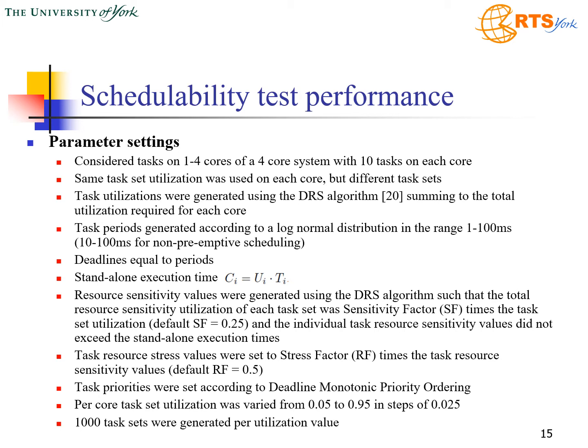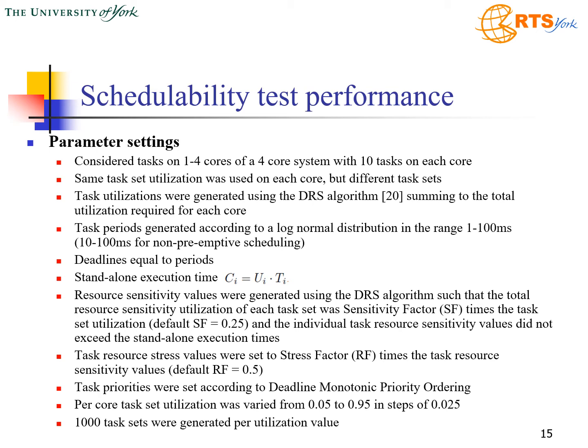The parameter settings used in our experiments considered tasks on between 1 and 4 cores of a 4-core system, with 10 tasks allocated to each core. The same task set utilization was used on each core, but different task sets were generated. Task periods followed a log-normal distribution in the range 1 to 100 milliseconds, and all of the tasks had deadlines equal to their periods.